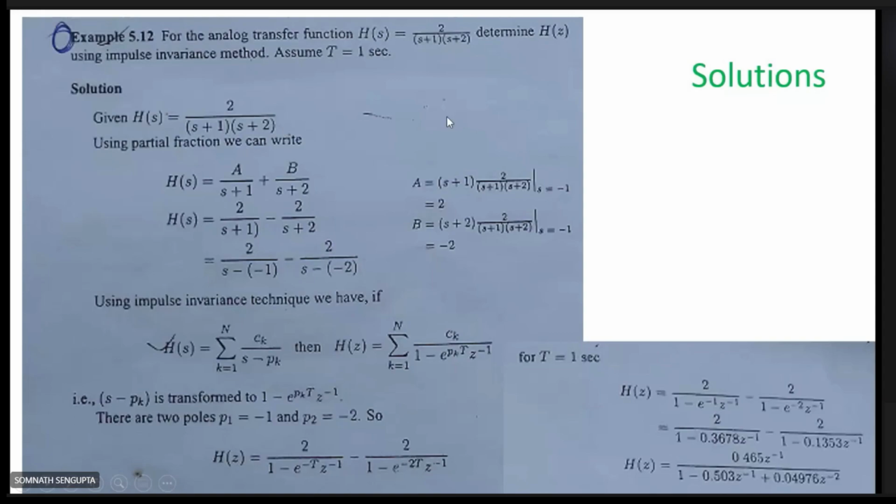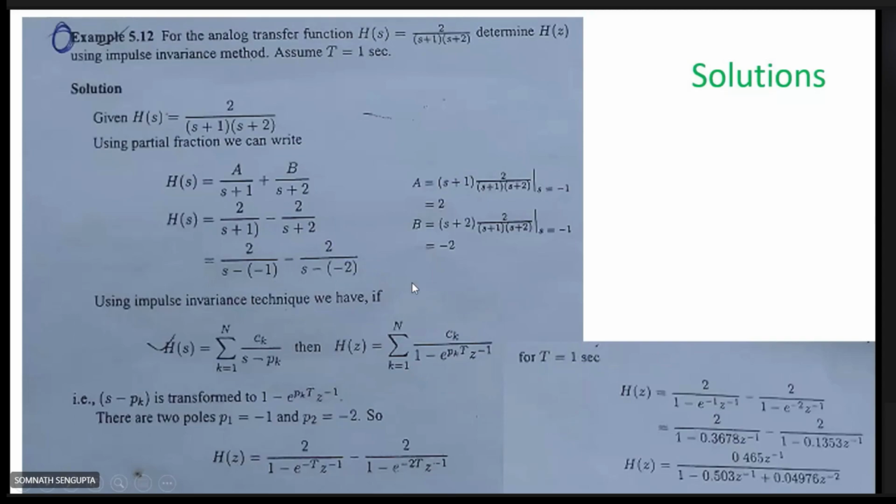You have to convert it into partial fraction form, that is a by s plus 1 plus b by s plus 2. So you get the coefficients a and b, that is ck, which are 2 and minus 2, and the poles are located at minus 1 and minus 2.